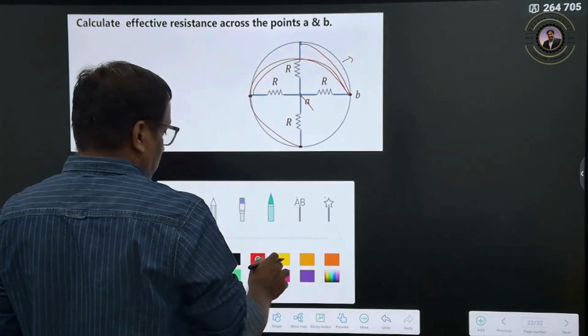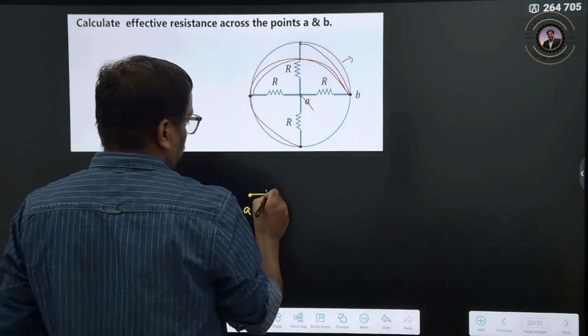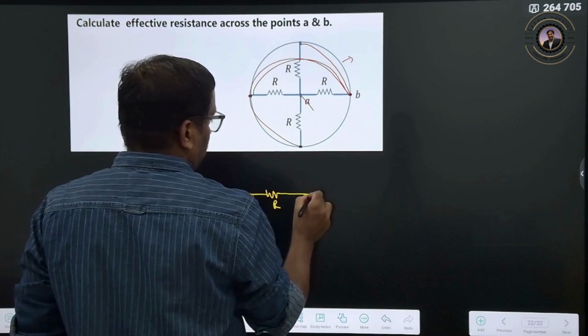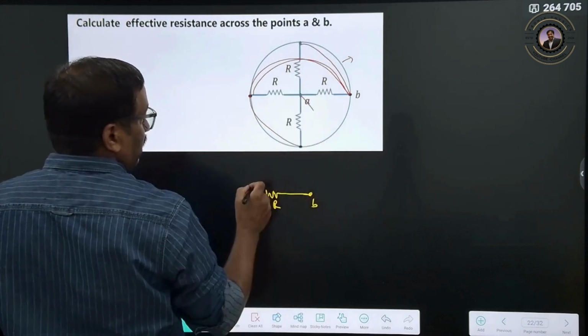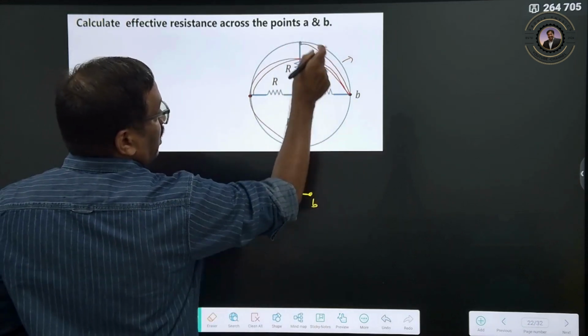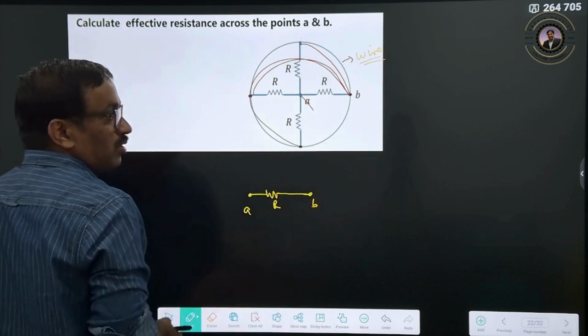So I can simply rewrite it like this. This is your R, this is your B part. This A is connected at this point. Why should I connect? This is a simple wire, and a wire does not have any resistance, it acts like a short.